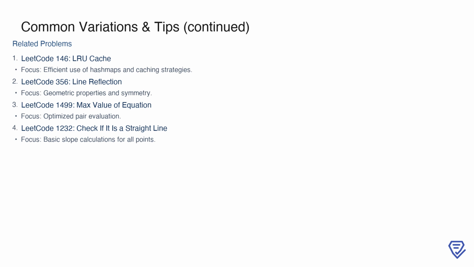LeetCode 1499, max value of equation, emphasizes optimized pair evaluations, which parallels the idea of reducing computational complexity. Finally, LeetCode 1232, check if it is a straight line, revolves around basic slope calculations for all points, making it a simpler problem to practice foundational concepts before tackling this one.